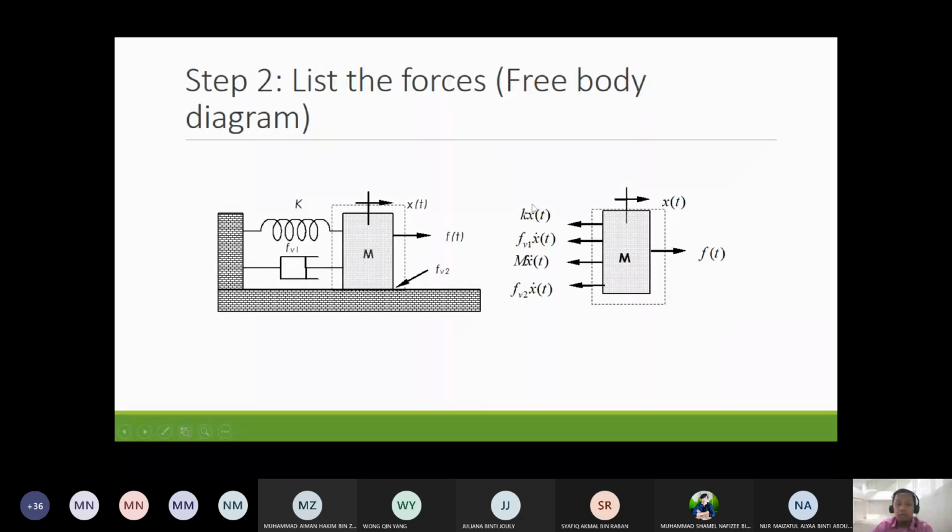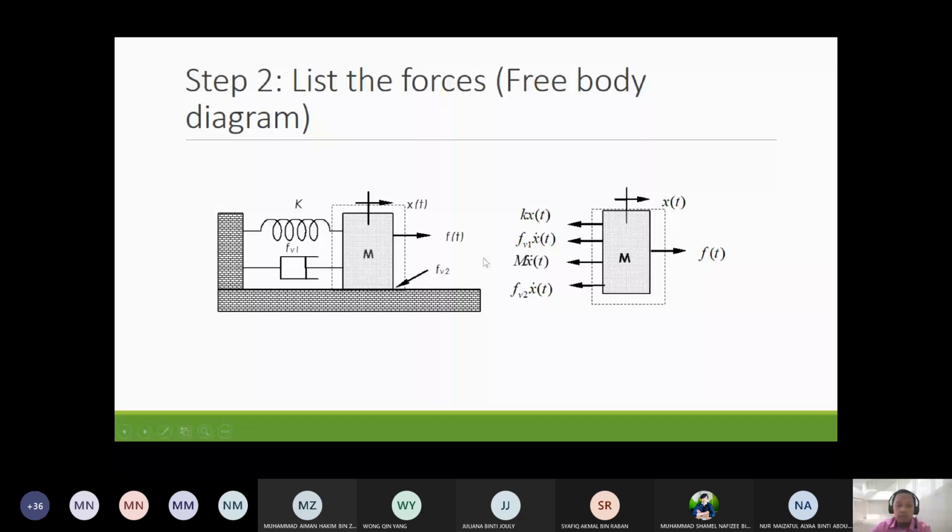Because you have to imagine that when we apply the input force forward, the spring, damper, friction, and inertia will try to resist the force applied, such that it doesn't allow the mass to move. So all of these forces act backward, against the input force.